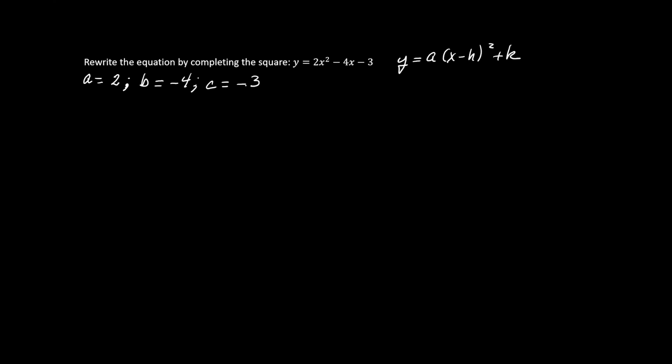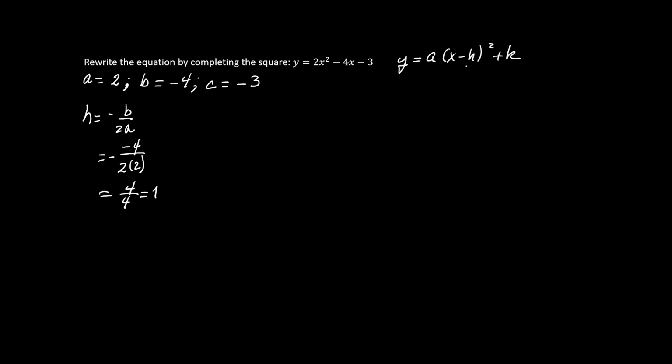We identified A, B, and C. H is negative B over 2A, which is negative, B is negative 4 over 2, here's the 2, A is 2. The negatives give me a plus, so that's 4 over 4 or 1. So I got H.